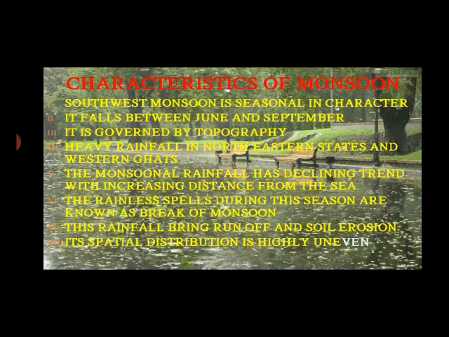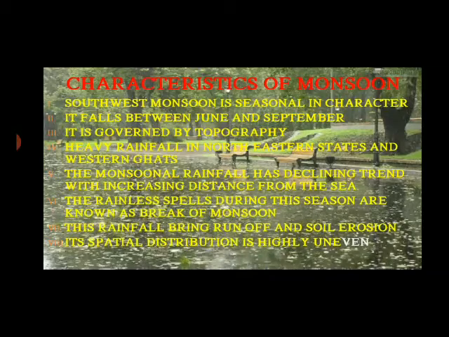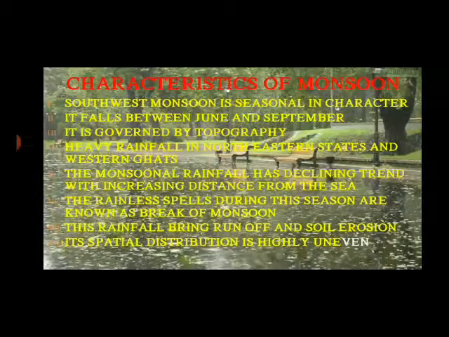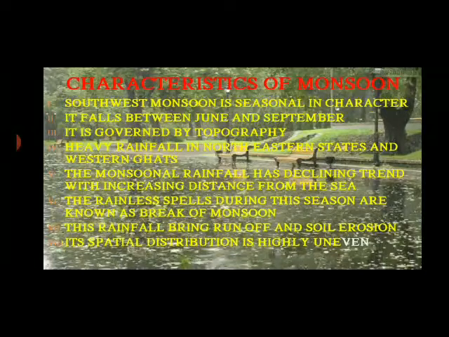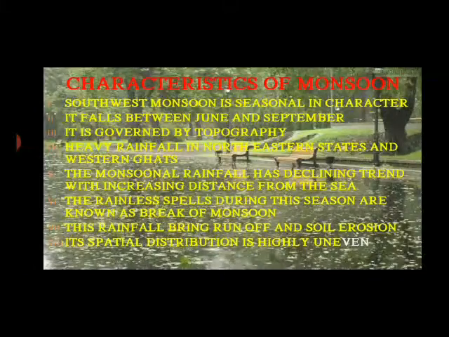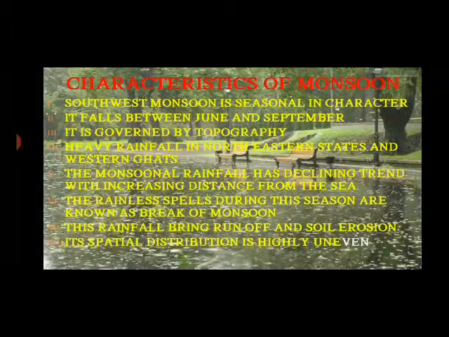Now let us talk about the characteristics of monsoon in our country. The southwest monsoon is seasonal in its character. It falls between the months of June and September. It is governed by the topographical features that are found in our country. Heavy rainfall in the northeastern states is received by the monsoon, and along the Western Ghats of India.